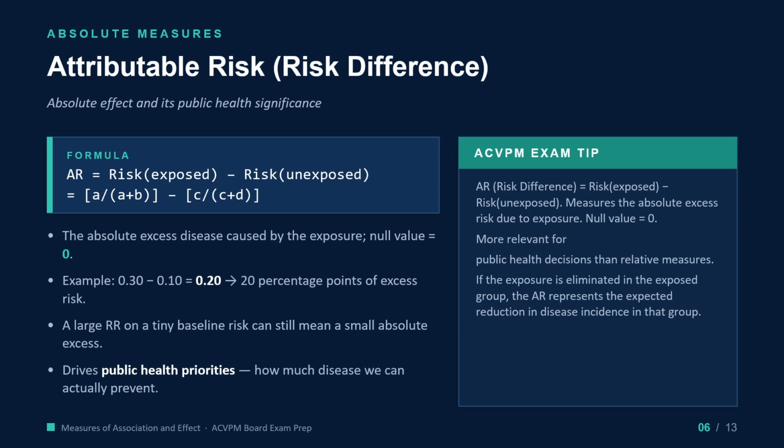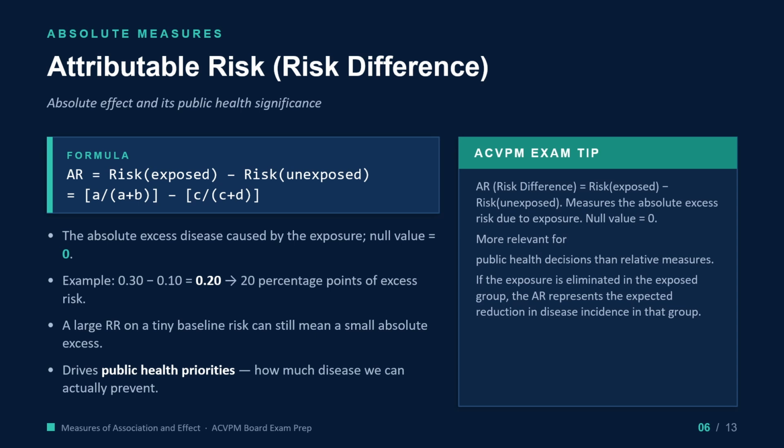Why does this matter for public health? Because a relative risk of 10 sounds alarming, but if the baseline risk is 0.001%, the absolute excess risk is still tiny. Conversely, a modest RR of 1.5 on a high background risk disease could represent an enormous absolute burden.